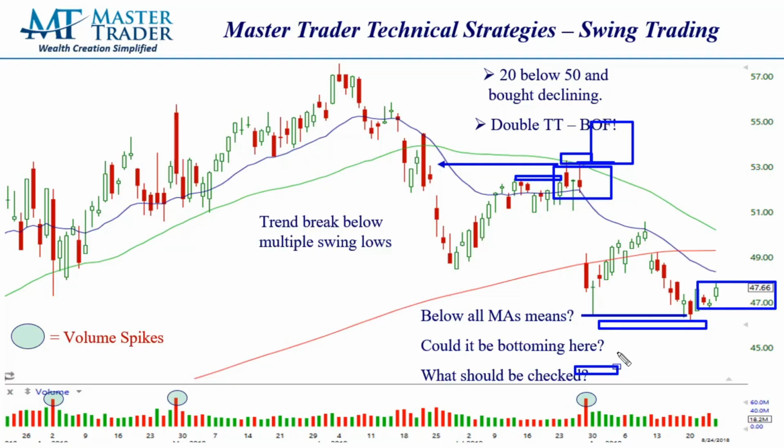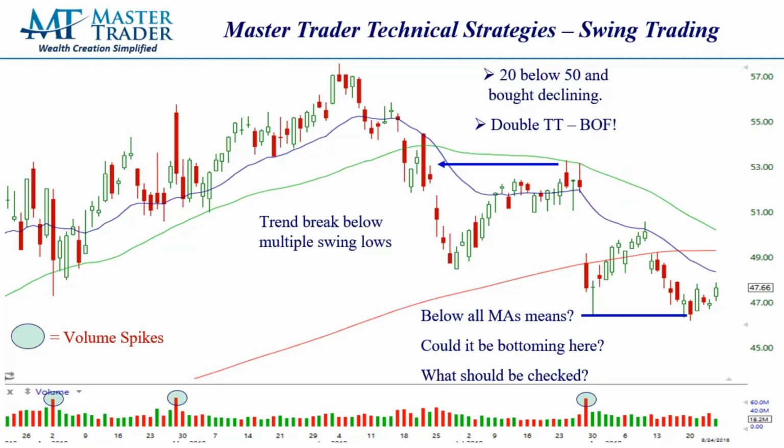Now, this aside, and it's a different subject, but this type of price action where it's retesting that low, while I wouldn't be interested in this as a swing trade, it certainly could set up a put spread. Right?